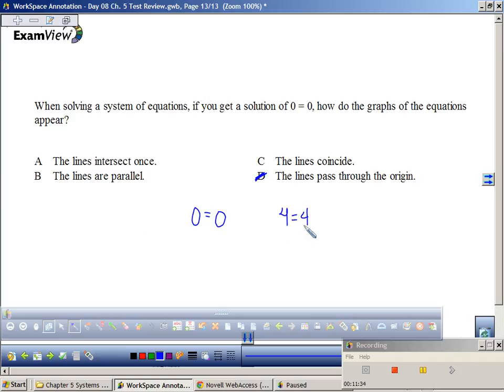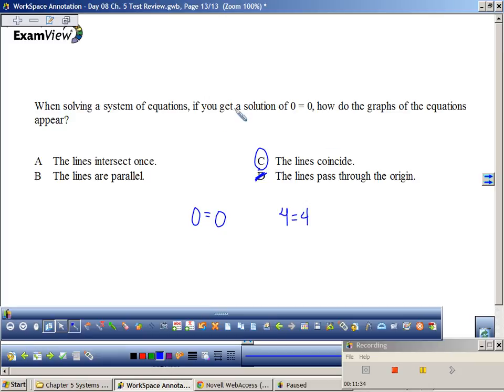That means you get something that didn't equal. The lines intersect once. Well, that means you get a solution. So it must be the lines coincide. What does coincide mean? It means the same. It means together, right? If something coincides with something else, it means that they're involved together. All right.